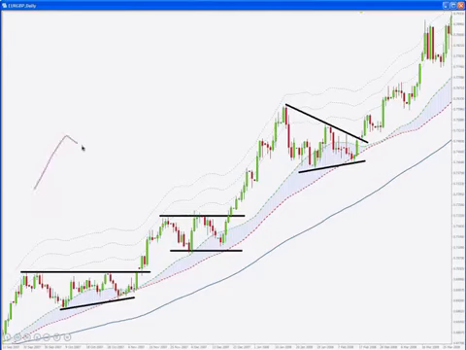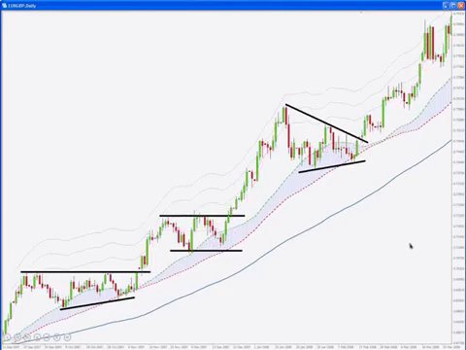Instead of getting that harmonic swinging pattern, on occasion you get this type of swings, followed by a congestion, the moving averages catching up with price, pushing price away. You get the breakout, yet another swing up, another congestion area, the moving averages catching up, breakout, swing, congestion, moving averages catching up with price, yet another breakout, yet another swing, and so on.